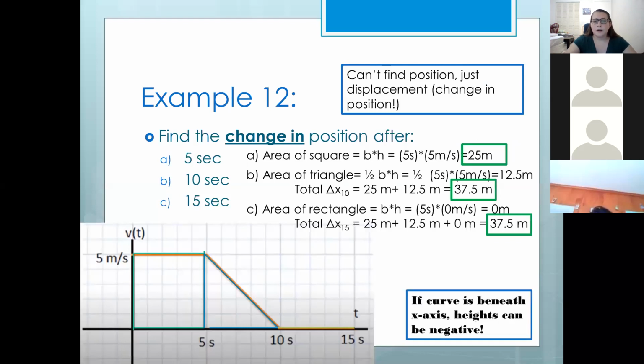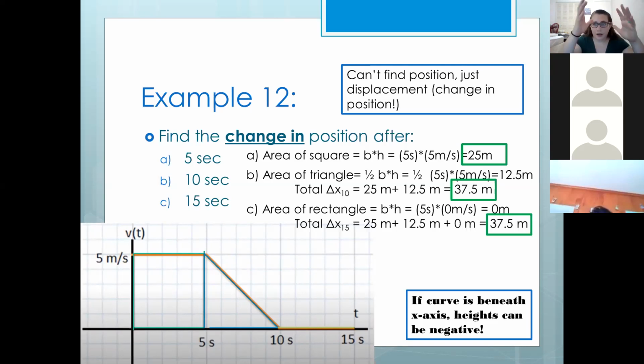So again, keep in mind, whether it's a curve or straight lines or diagonal lines, whatever, we still call it a curve, the shape of our function. So if the curve is beneath the x-axis, your heights can be negative. They will be negative. So it's totally okay to have a negative area. And you'll need to keep the signs with the areas.